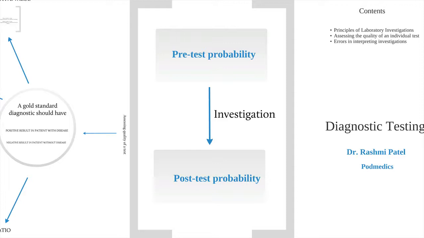So the purpose of the investigation would be to try and improve the validity of your pre-test probability based on your clinical judgment, to give you a higher post-test probability based on the results of the investigation.